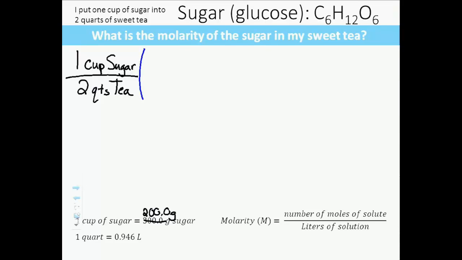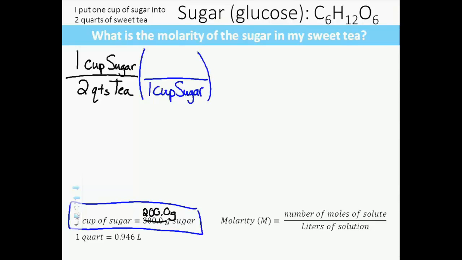So the next thing is we need to convert cups to moles. In order to get there, we can use this equation down at the bottom, where 1 cup of sugar is equal to 200.0 grams of sugar.